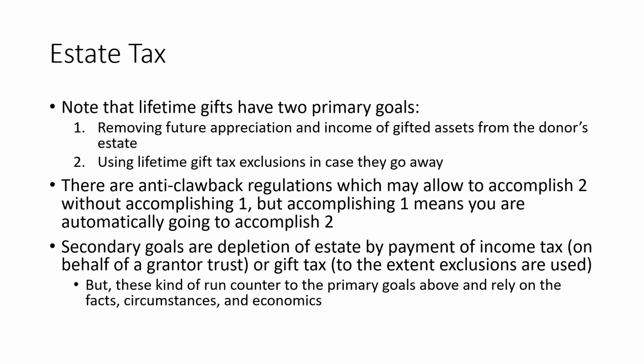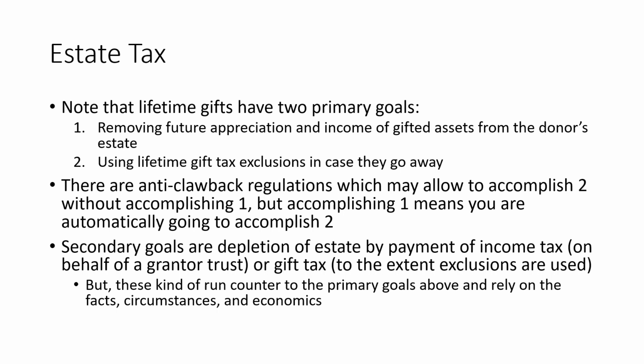Now, there's anti-clawback regulations under the estate tax regime which say that any use of the lifetime gift tax exclusion can't be clawed back if the exclusion amount goes away prior to the donor's death or is reduced prior to the donor's death. Now, it's unclear in terms of the operation of that and how the IRS might view that in terms of abusive transactions, which shoehorns into our discussion in a minute on whether the donor can retain economic benefit.